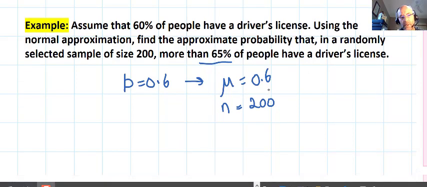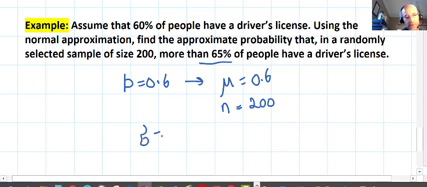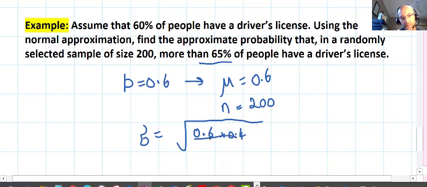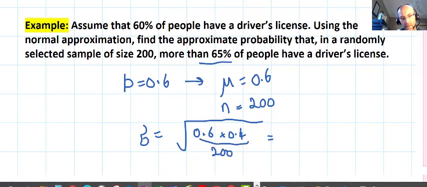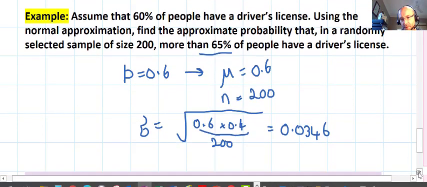So we've got to find the probability that more than 65% of people have a driver's license. The mean is 0.6 and the standard deviation is the square root of 0.6 times 0.4 over 200. I get 0.0346.